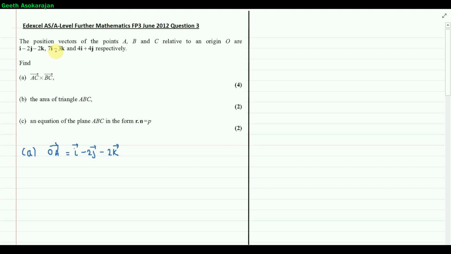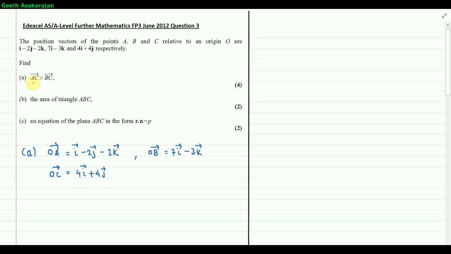And we also have OB, which in this case is 7i minus 3k. And we also have OC, and OC according to the question is defined by 4i plus 4j.